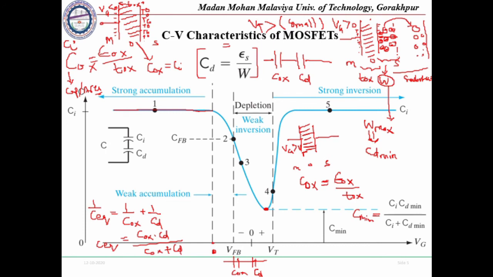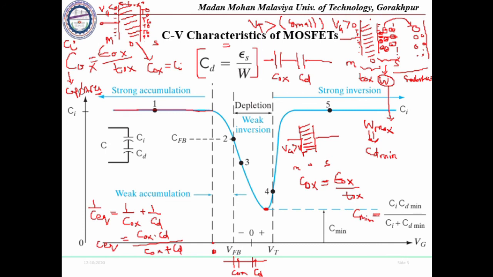Similarly, in the inversion region, the Cox will be your capacitance. But in the depletion region, the capacitance will be reduced to a minimum value, and then it will switch back to the Cox value.